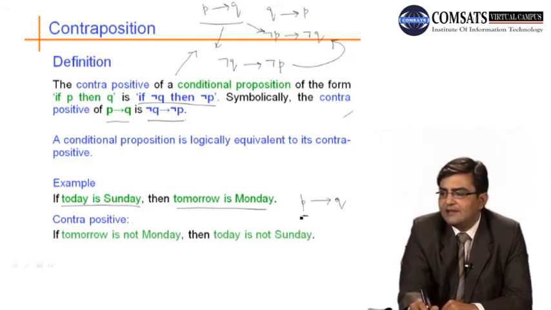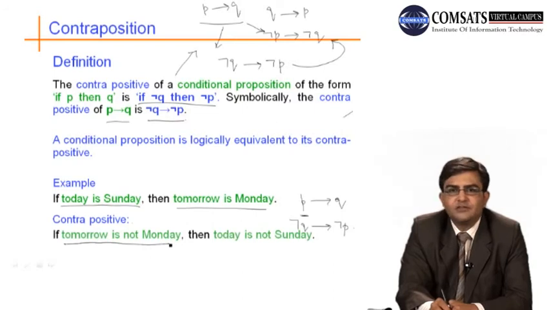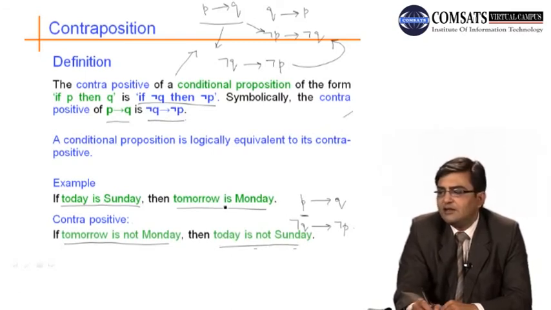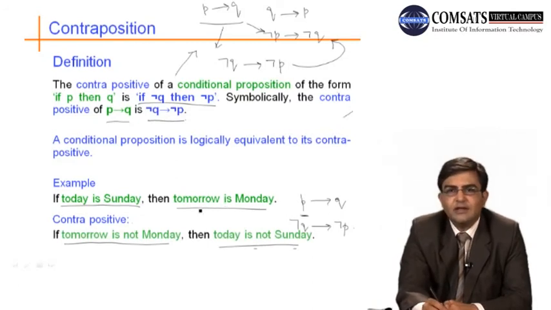If we take P as today is Sunday and Q as tomorrow is Monday, then we can write the contrapositive of this conditional statement as not Q implies not P. It means if tomorrow is not Monday, so this is the negation of Q, then the negation of P, today is not Sunday. So this is the contraposition of the conditional statement P implies Q.